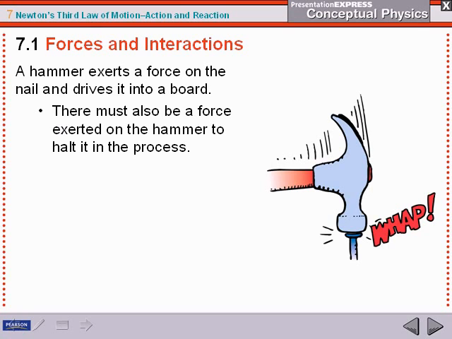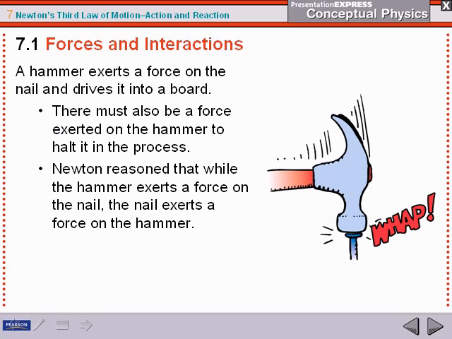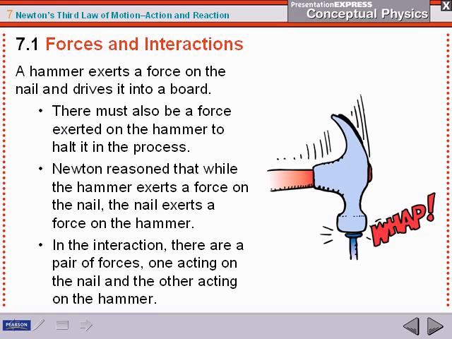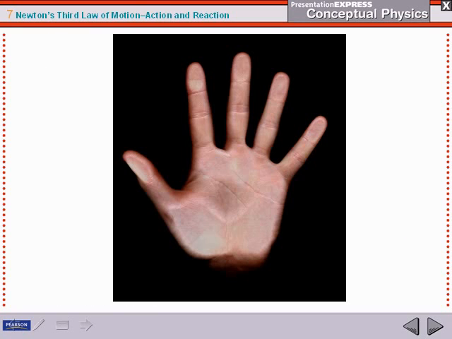That force from the nail is changing the motion of the hammer, and this is where Newton figured out that if the hammer exerts a force on the nail, then the nail's got to exert a force back on the hammer. So here we're always talking about pairs of forces. In this case, one of the forces is acting on the nail, and the other force is acting back up on the hammer.